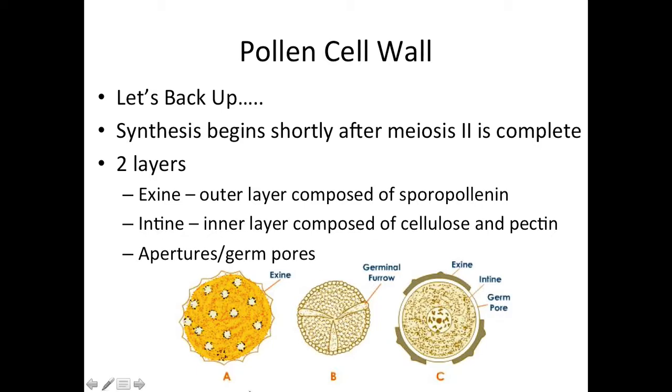Because sporopollenin is so tough, all pollen grains have what are called apertures, or germ pores. Apertures is a synonym for germ pore, and those are the holes within the exine that allow the germination of the pollen tube.